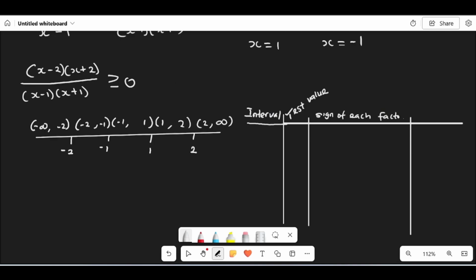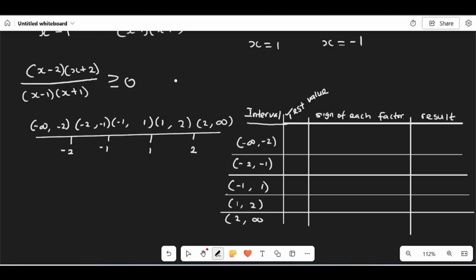Here is our result. Now let us pick our test value between negative infinity and minus 2. We can pick minus 3. Our x equal to minus 3.